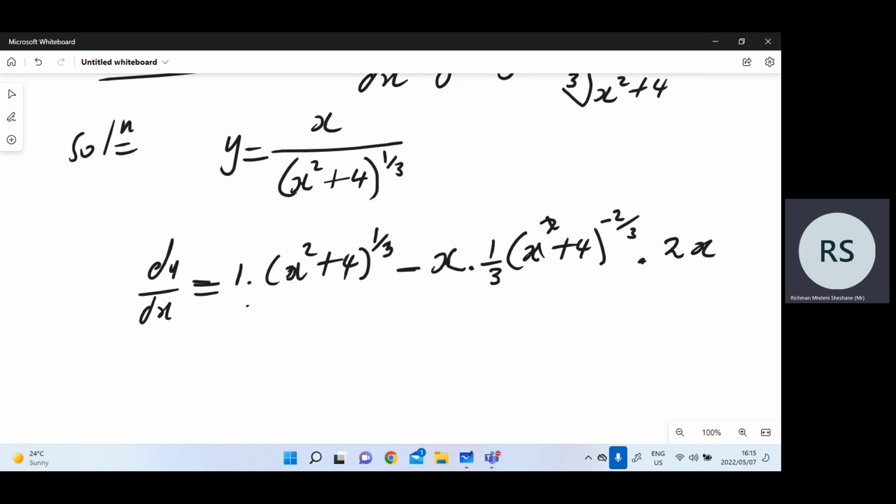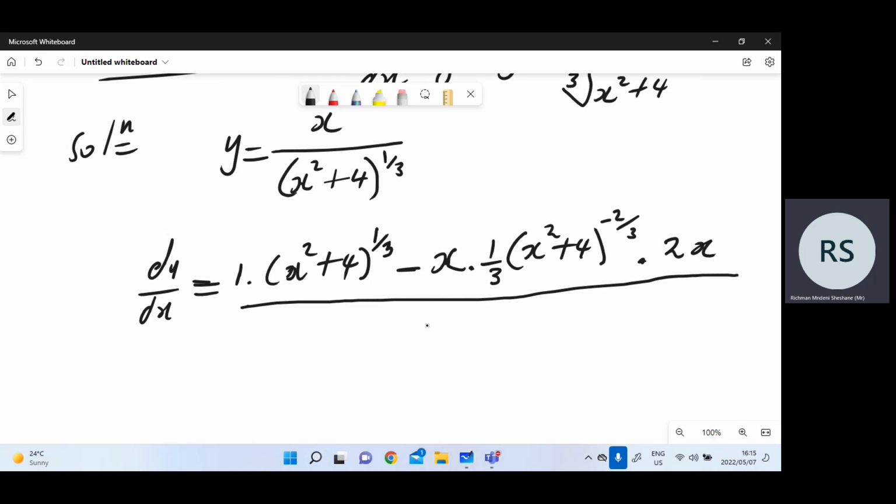This is supposed to be x squared, and then you say all over the denominator function to the power of 1 over 3. Okay, so this is just a derivative.